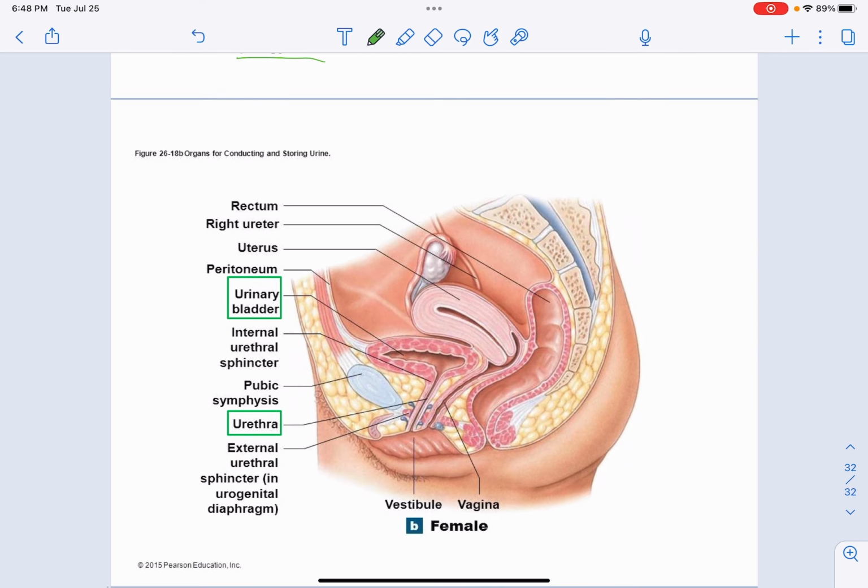The female bladder and urethra is much different. The urethra is much shorter in females than in males. You can see the urinary bladder here outlined in green for the female, and then you can see the urethra right here.